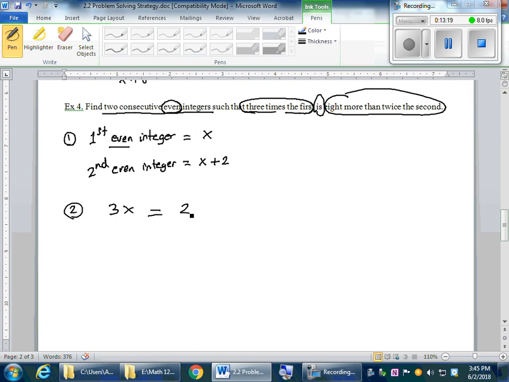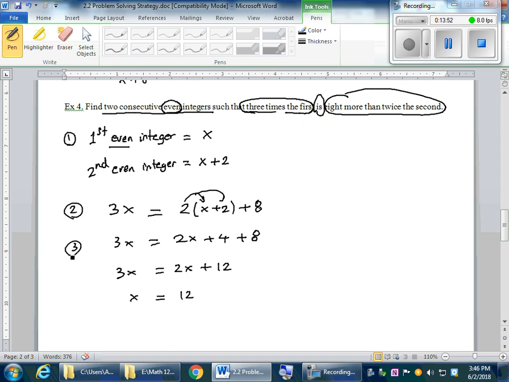So twice the second number, and then 8 more. Now, to solve this, I have to distribute on the right-hand side. So this will be 2x plus 4 plus 8. Simplify further on the right-hand side, which is 2x plus 12. Now, isolating the variable by subtracting 2x on both sides, that will give me x is equal to 12. That is our step 3.